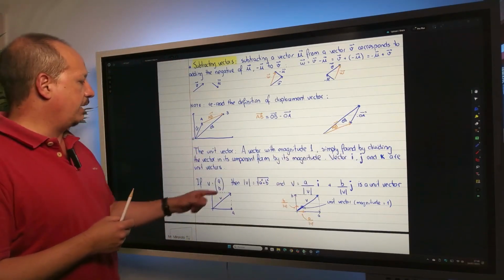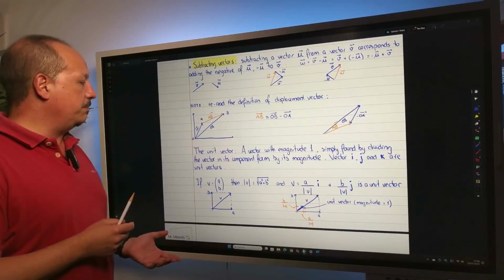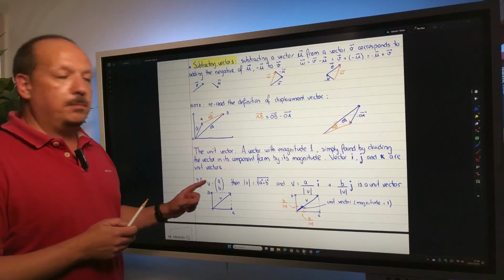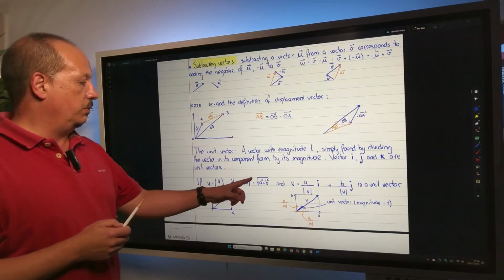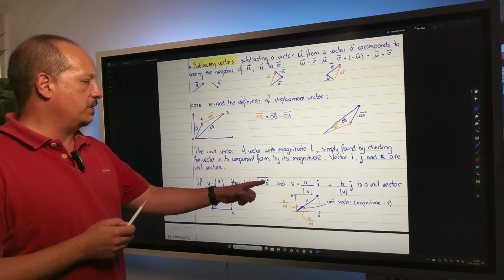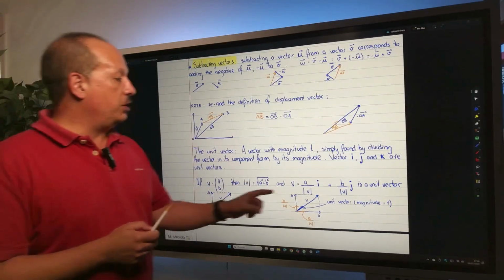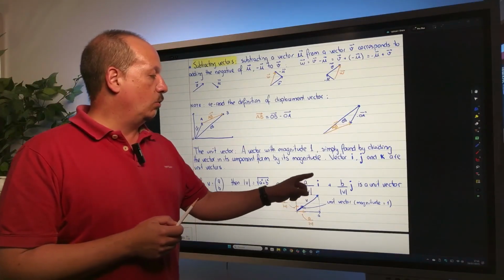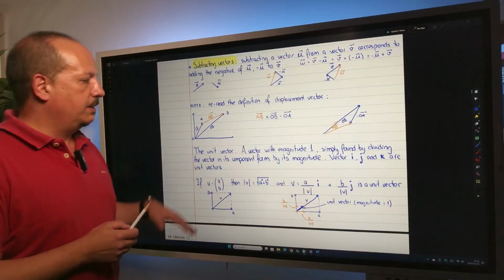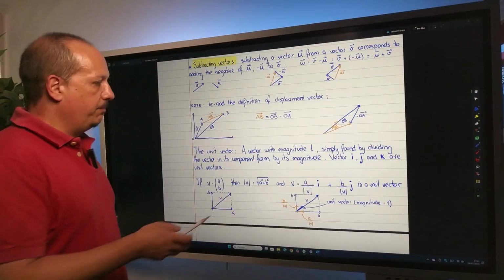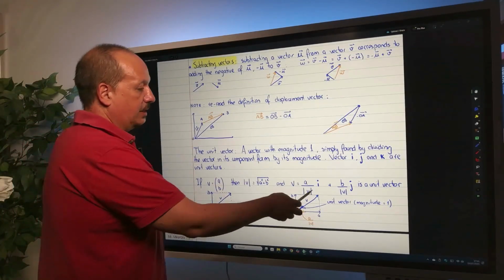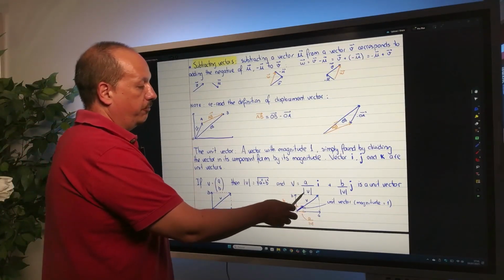So let's say that you have a vector with components a and b. Then the magnitude of this vector, as you already know, is going to be the square root of a squared plus b squared. So the unit vector i in the x direction is just a divided by the magnitude of v.